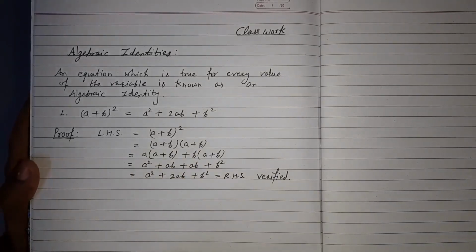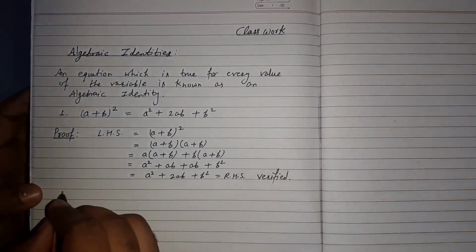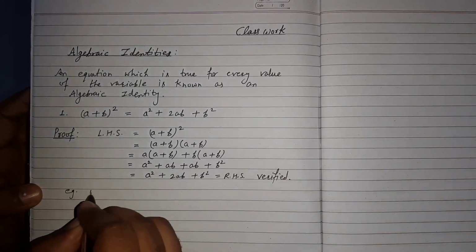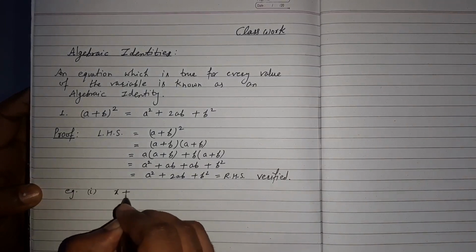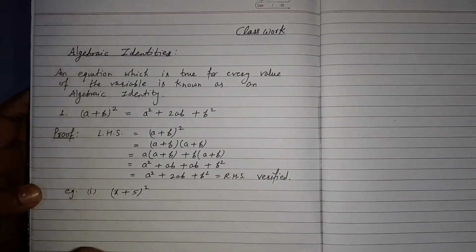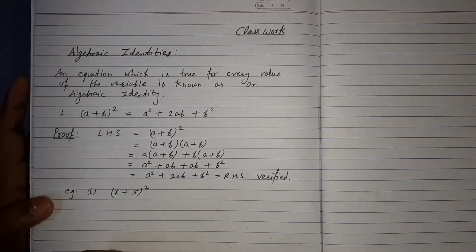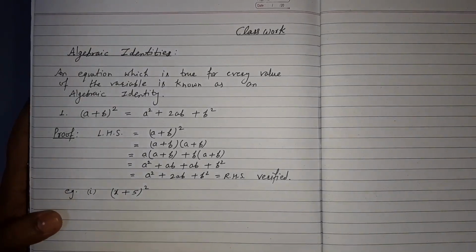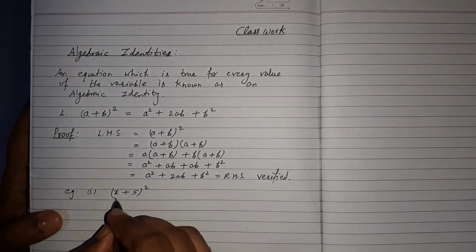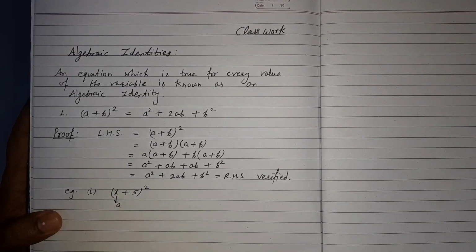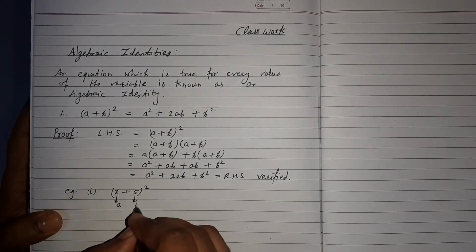Now we will take some examples. Example 1 is (x plus 5) whole square. In this example, the value of a is x and the value of b is 5.